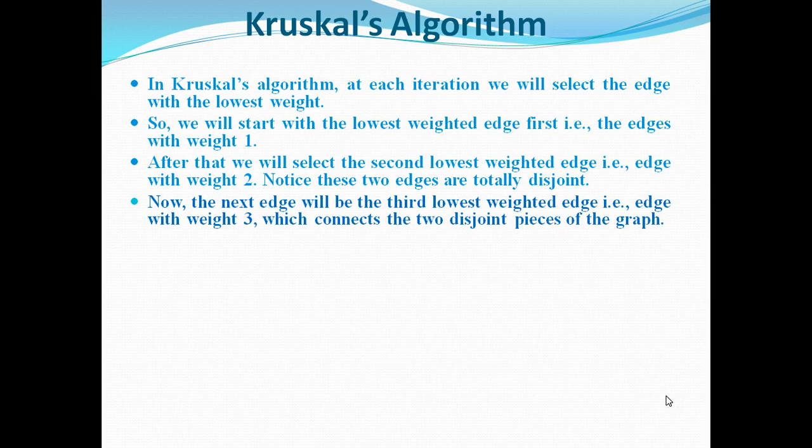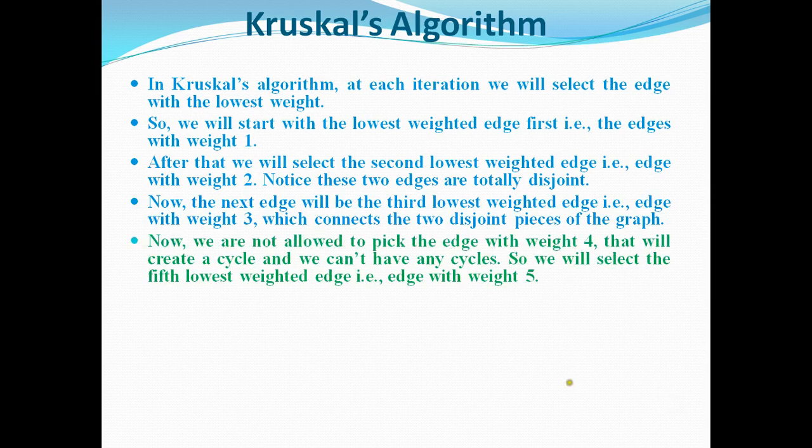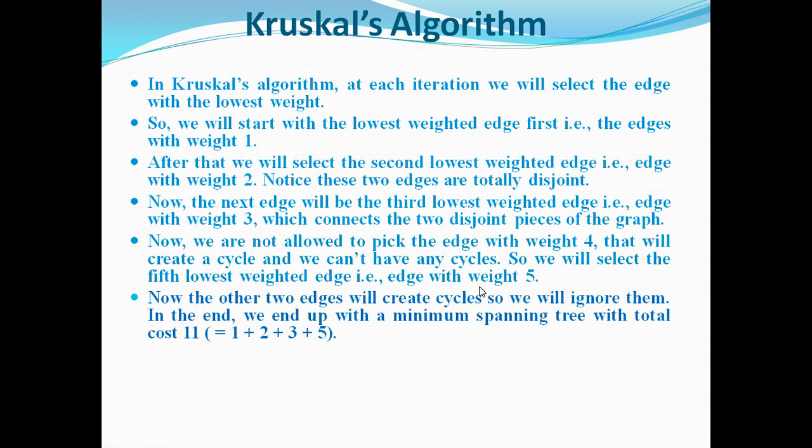Then the third. But this is important: we are not allowed to pick the edge with weight 4 in the previous example because that will create a cycle, and we can't have any cycle. So we select the fifth lowest weight edge, that is 5. Adding these up we get 11.